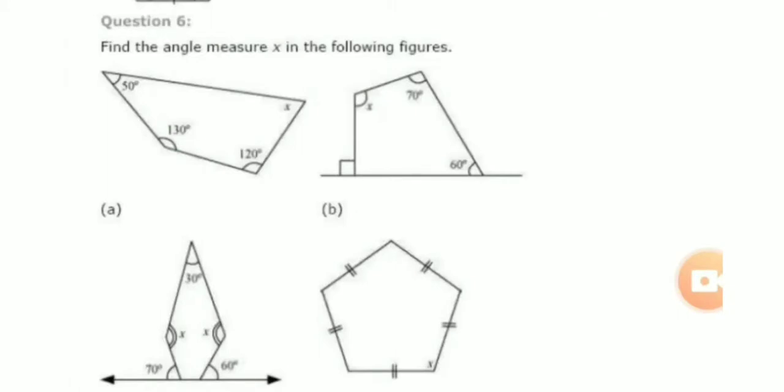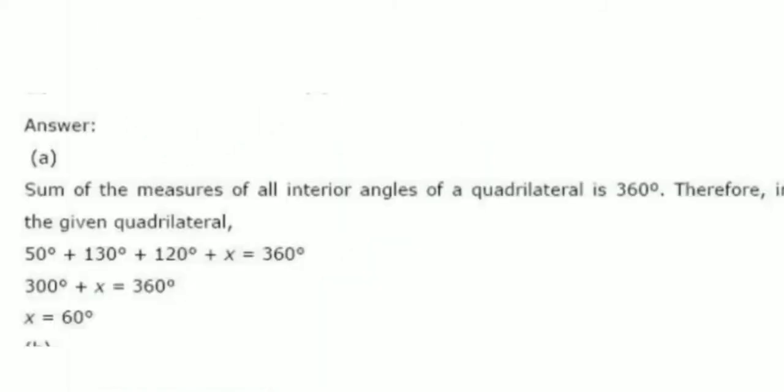Okay, let's see the question number 6. Find the angle measure x in the following figures. So first one is, here 3 angles are given, 50 degree, 130 degree, 120 degree, and the last one is x. So sum of the measures of all interior angles of a quadrilateral is 360 degree.